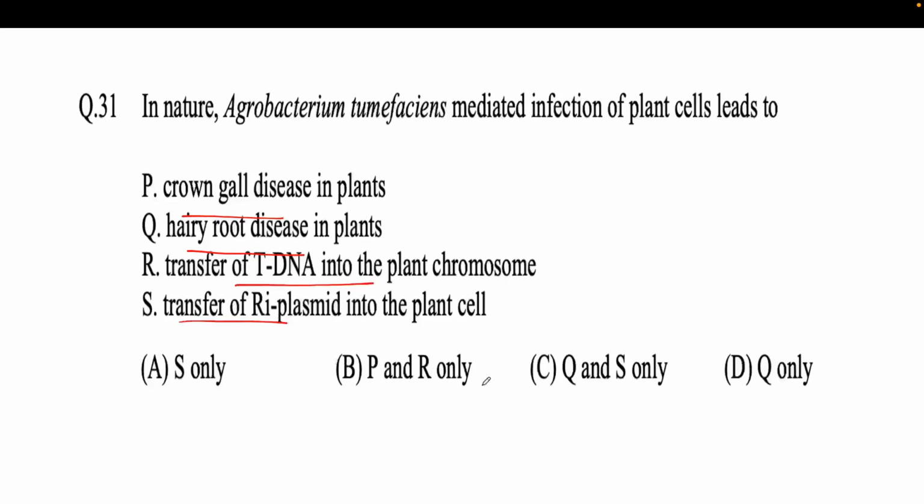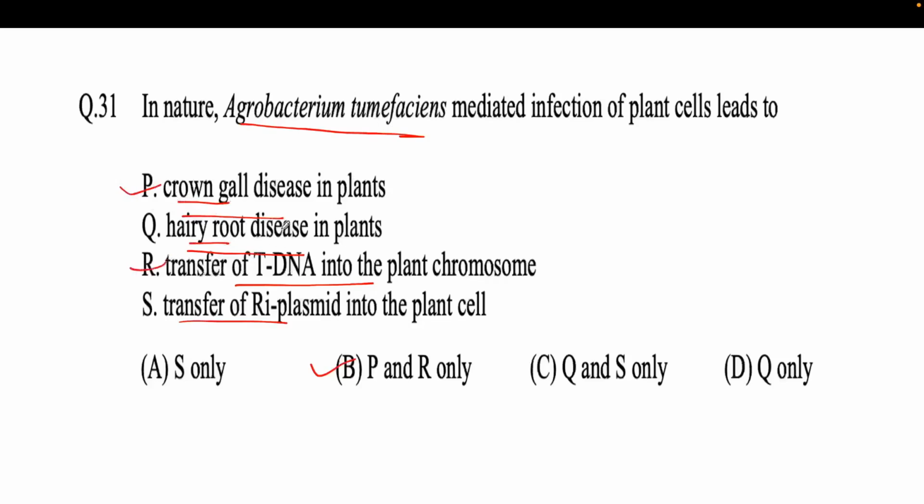The correct option will be option B, because it is asking about Agrobacterium tumefaciens. As we discussed, tumefaciens is responsible for crown gall disease, and rhizogenes is responsible for hairy root disease. So options P and R will be correct.